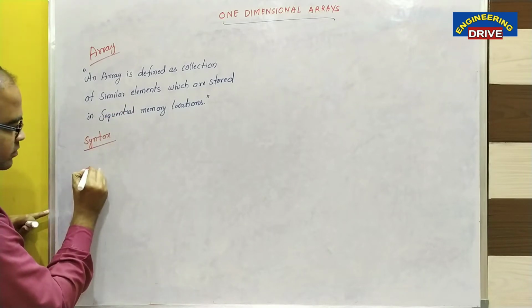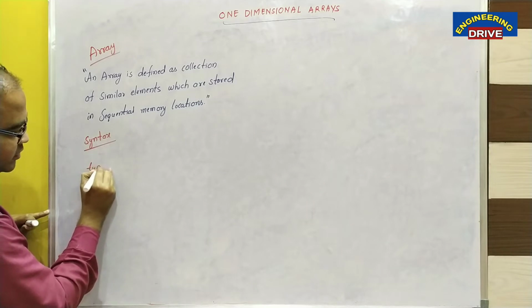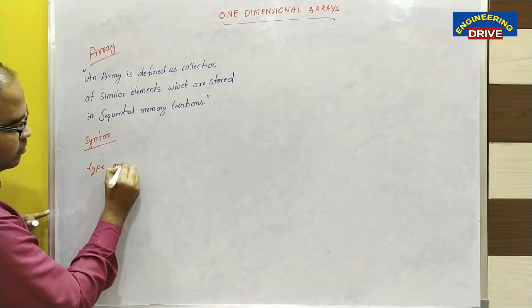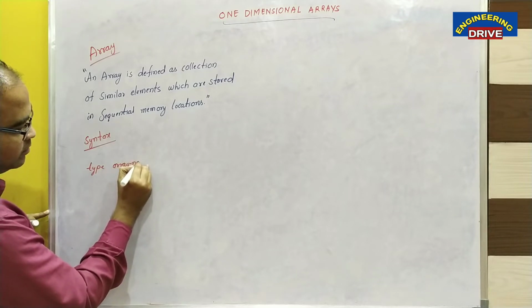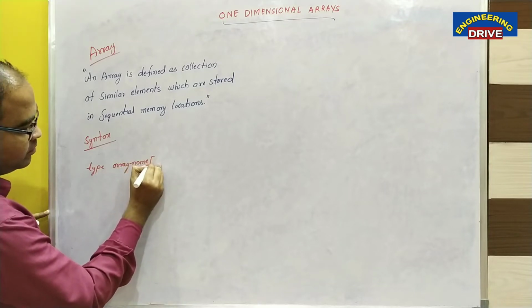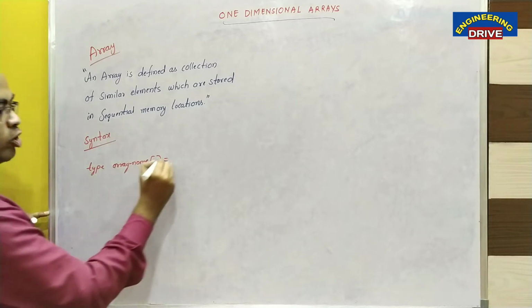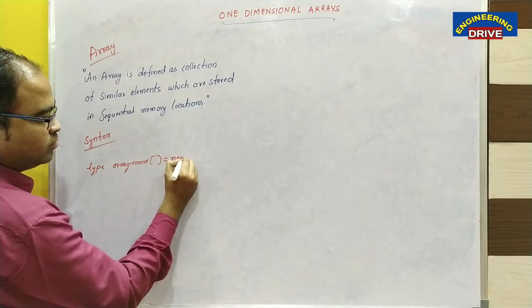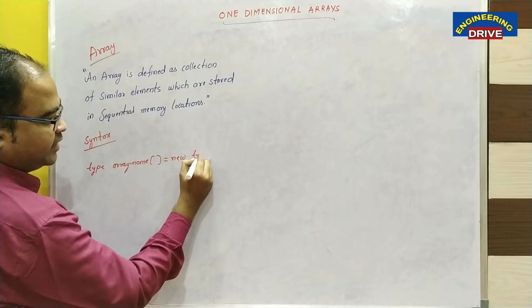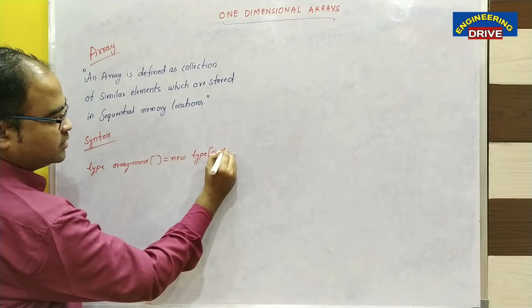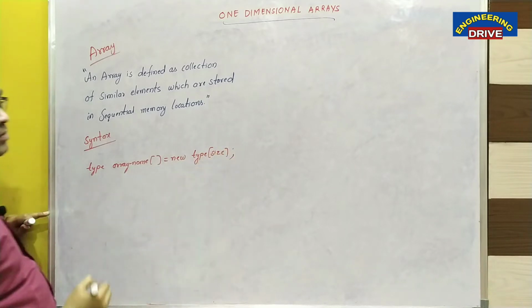The syntax is: first write the data type, next the array name, empty brackets, assignment operator, new, data type, and the size in brackets.